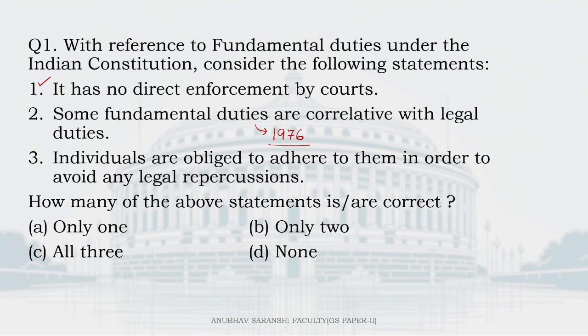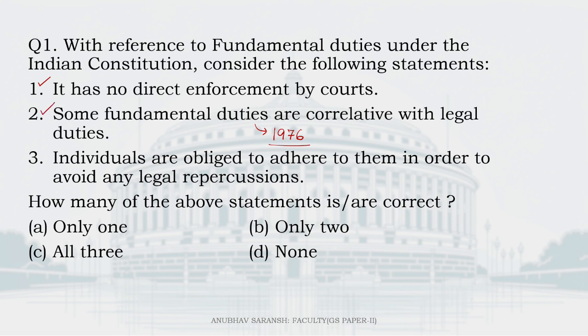We have the UPA of 1967, plus we have RPA, we have the Wildlife Protection Act of 1972, which prohibits trade in rare and endangered species. And if you look at some of the duties, there is one duty which talks about how we have to protect and improve the natural environment, including forests, lakes, rivers and wildlife, and to have compassion for living creatures, Article 51A, clause G. So yes, this is correct.